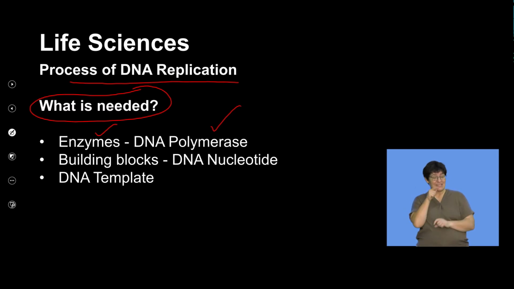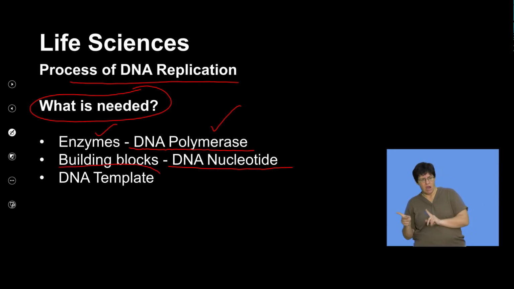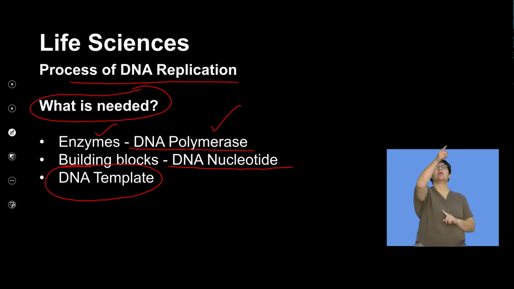We also need the building blocks. If we were to make DNA, we need the building blocks of DNA, called DNA nucleotides. When copying or replicating, we need a reference, and that reference strand to copy from is the DNA template. So we're going to need a template to copy from.